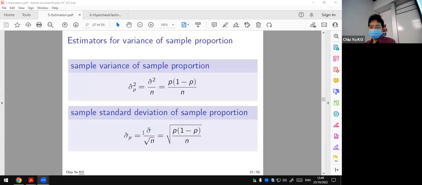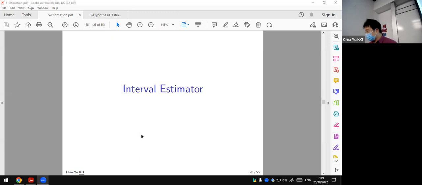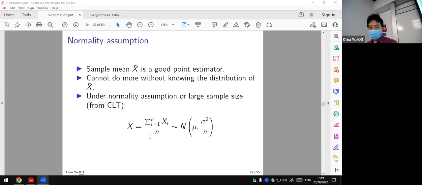Okay, now we go to the interval estimator. In this context, usually we need to assume normality, because we cannot go any further without knowing the distribution of the sample mean.